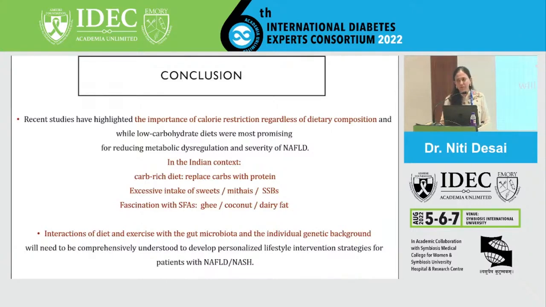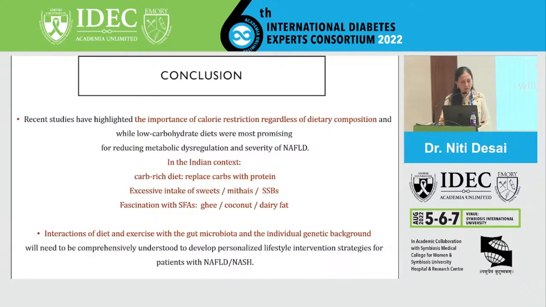I mean, we have enough patients who have started using ghee as the only cooking medium, or keep asking should we be taking 2 teaspoons of ghee every day. So we need to dispel these myths and work on these, because there seems to be enough evidence to prove that saturated fat is definitely the devil when it comes to NAFL.